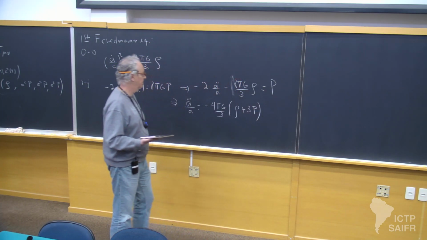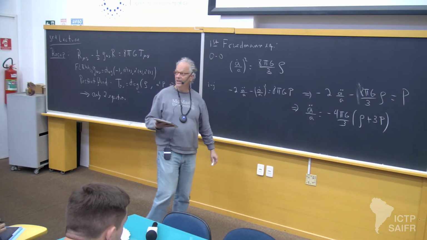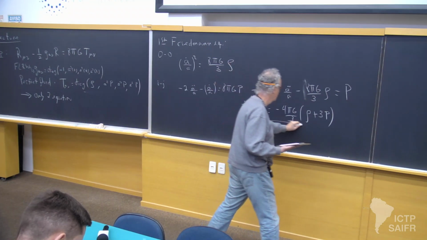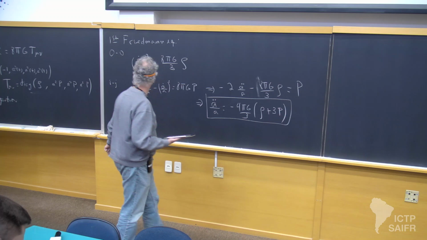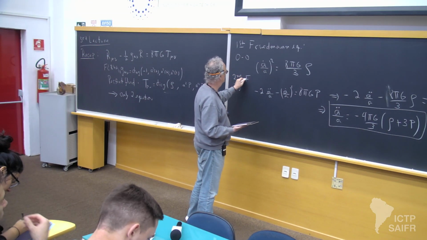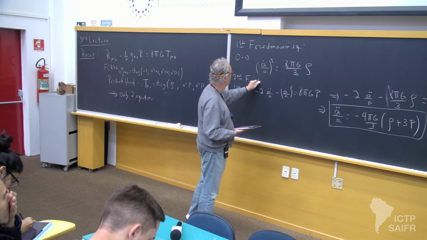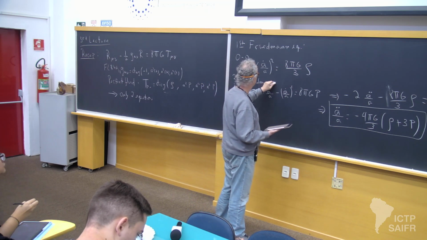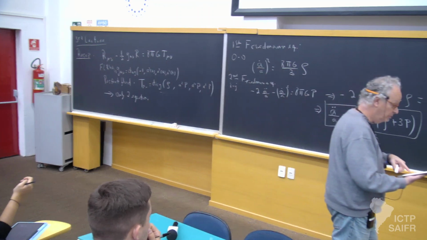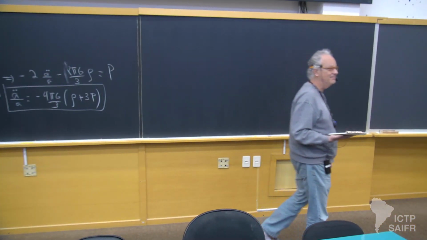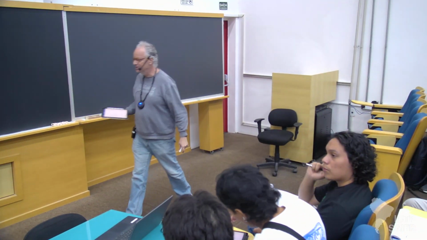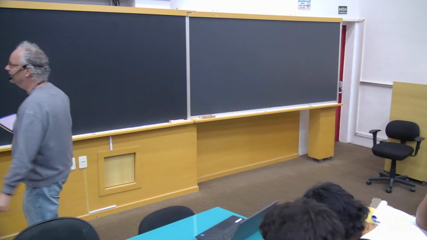So that's the correct equation. The mistake I made is that I forgot the factor 3 here. So this is the second Friedmann equation. So this is the first equation, second Friedmann equation. That's all we need to study the universe, the average universe, the background universe, the homogeneous universe. Okay, so let's continue now.